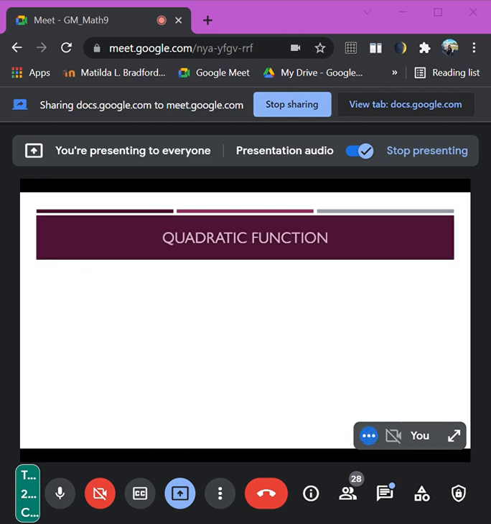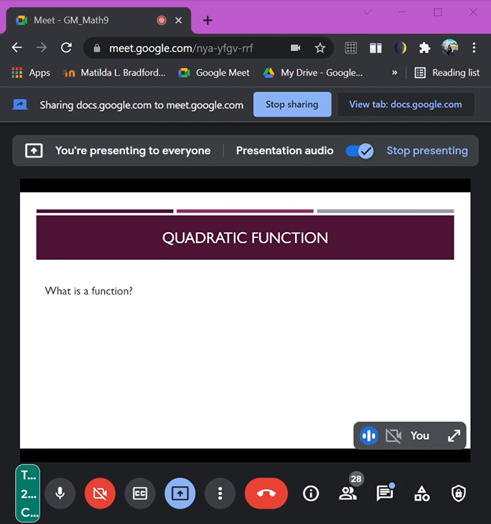Okay, so let's try to dissect this word first, quadratic and function. So let's start with what is a function. Or do you have any idea what is a function? How it works, sure. Yes.